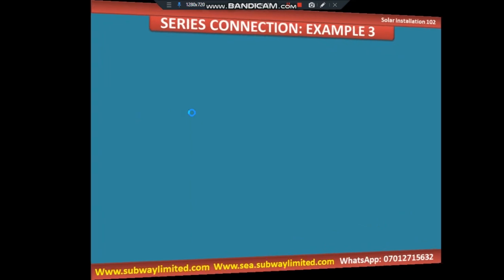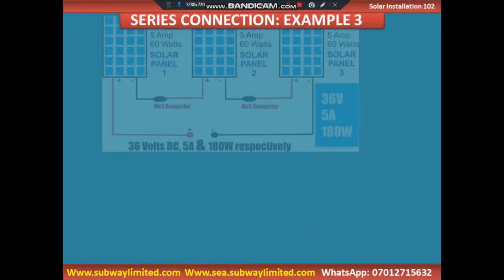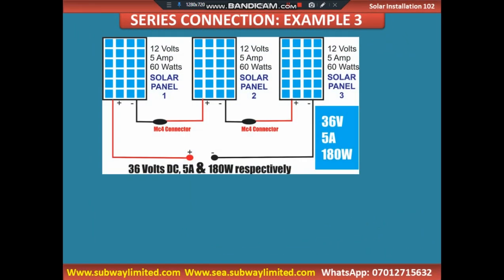We go to example 3. Example 3 is the figure before you here. This is another solar panel with a different rating. Each is rated 12 volts. We like using panels of the same rating. We don't mix solar panels that are not of the same rating.